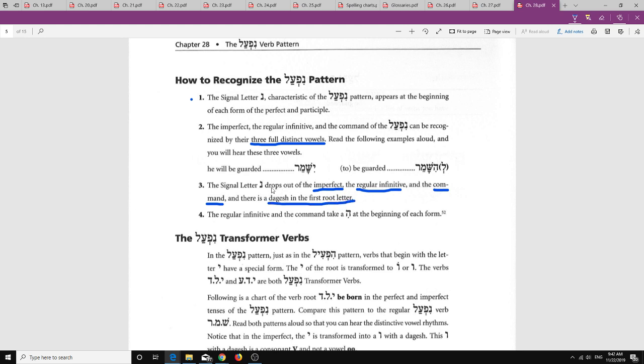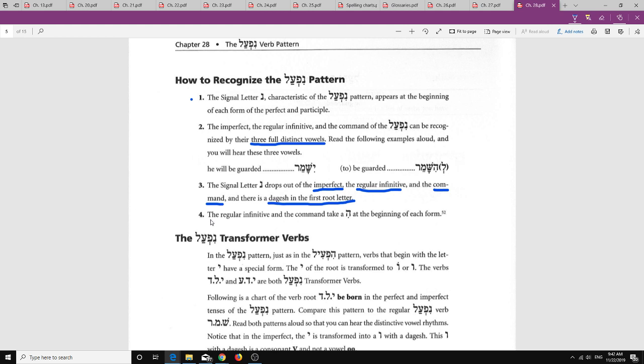This dagesh will signify that nun that has dropped out. Remember, when letters drop out, they normally will end up as a dagesh instead. So here you actually see that: yishamer, there's a dagesh in the first root letter. This is that nun that has dropped out and just became this dagesh.